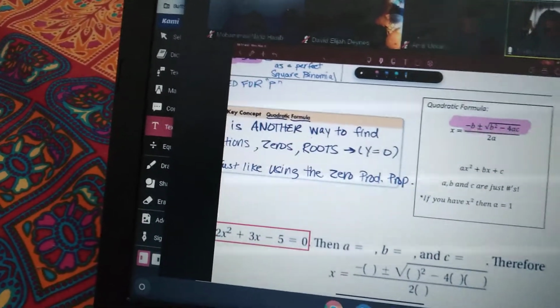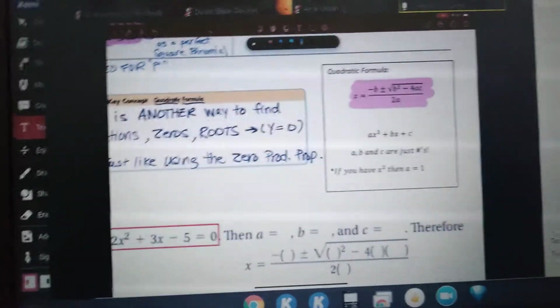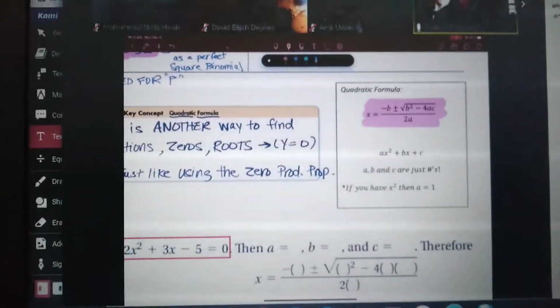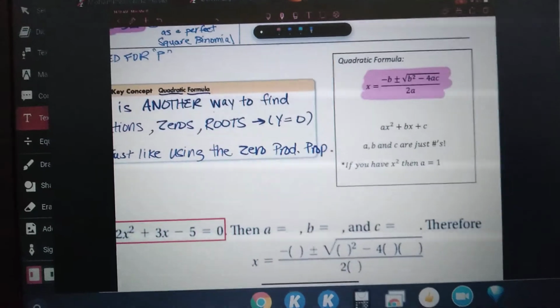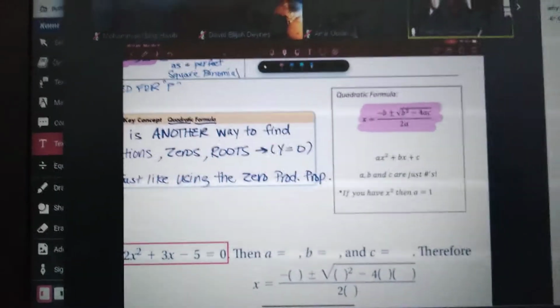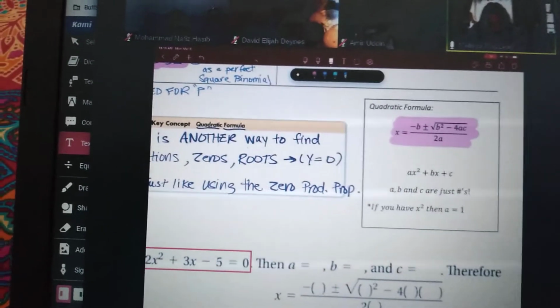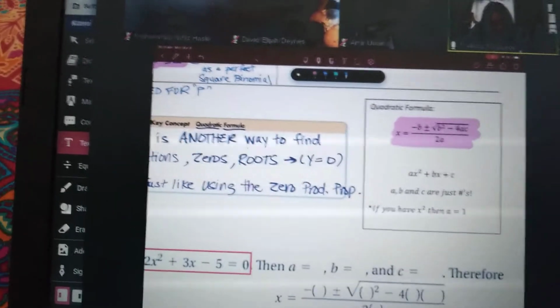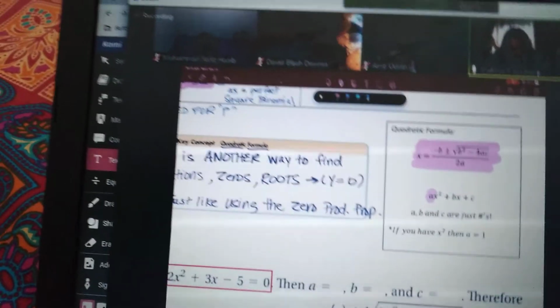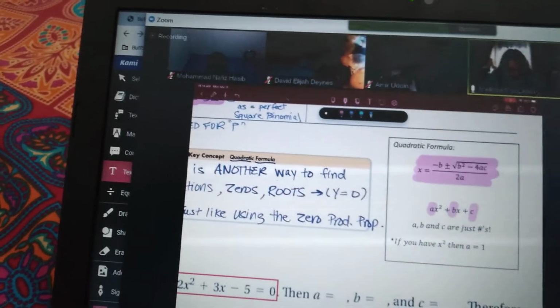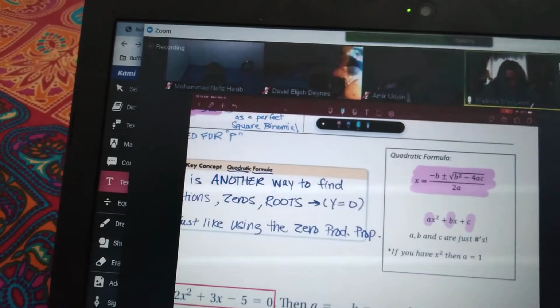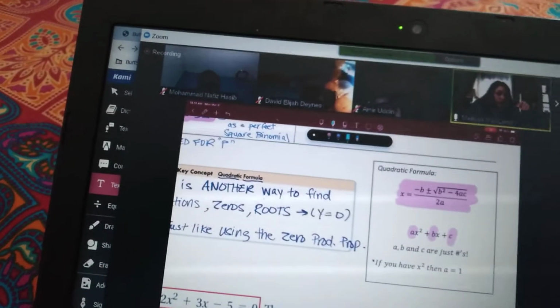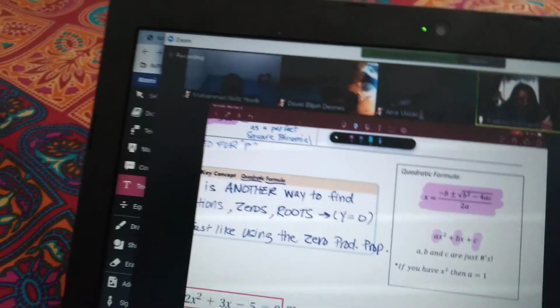Quadratic formula. Miss, that's a whole lot of letters and 2 numbers. You're right, it is. Take a look though. You know a trinomial in standard form is ax squared plus bx plus c. Does anyone see all of the letters in the standard form of the trinomial?